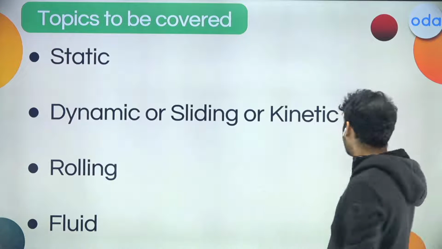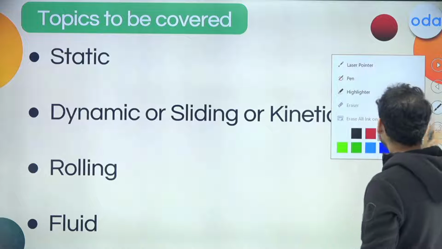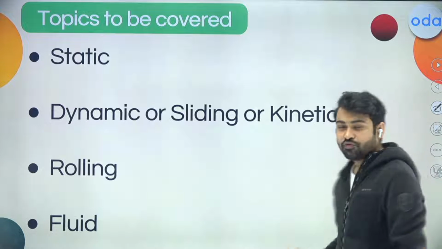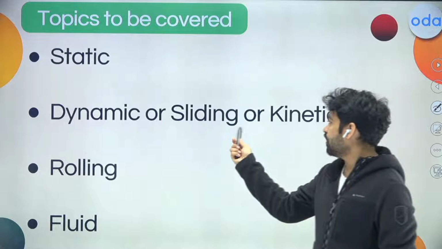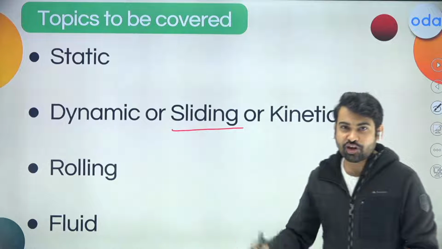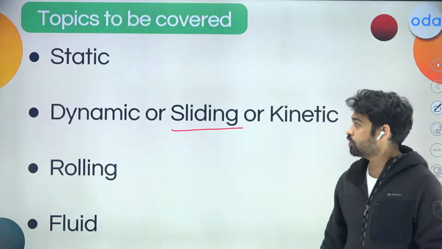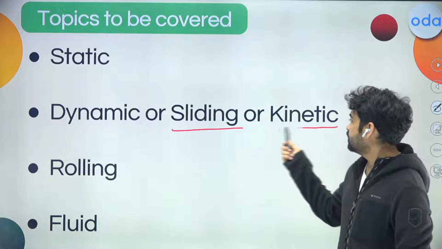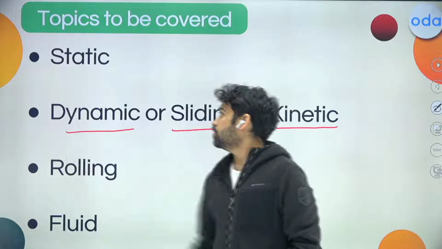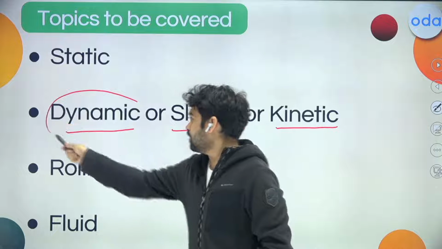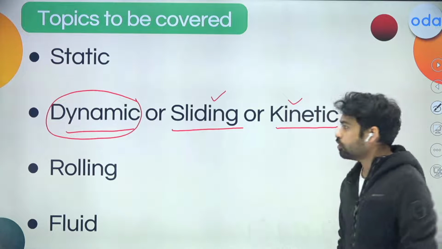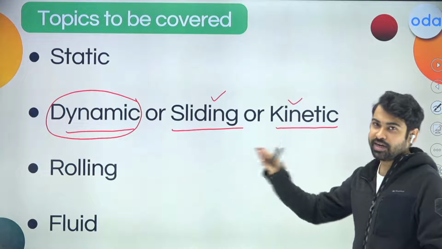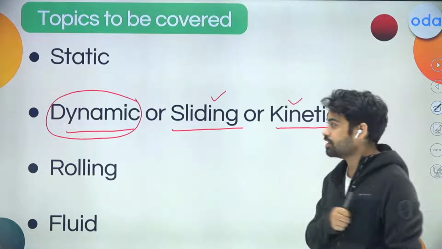The most common name that you might find if you are studying from, let's say, class 7th, 8th, or 9th, you will be finding this name. If you move on to class 11th, you're going to find this name. So this is the common name that is generally used, but the others might also be used. You can remember dynamic, sliding, or kinetic means the same thing.